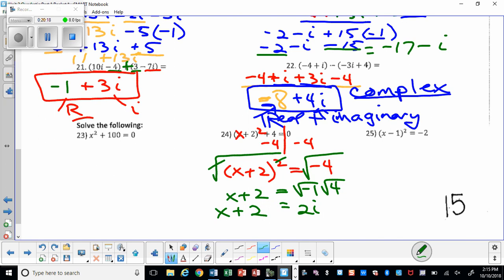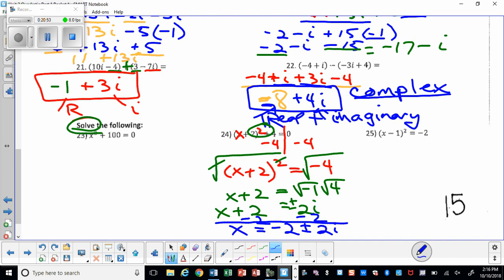Now remember though, since we're solving a quadratic equation, that means it's plus or minus 2i. There's two solutions. And so now to get the x by itself, I'm going to subtract 2 here, 2 here. And so I get x equals, I'll put the real part first, -2 plus or minus 2i.